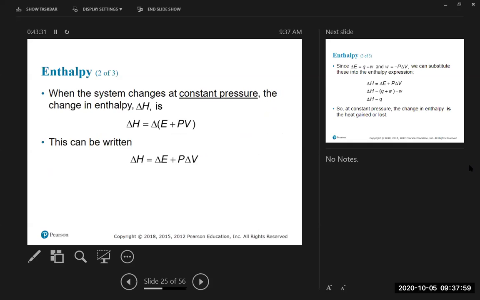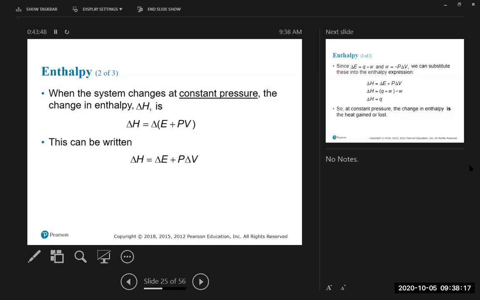So when a system changes at constant pressure, the change in enthalpy is called delta H. That's that triangle in front of the H. And so delta H equals the change in energy plus the change in pressure times volume.